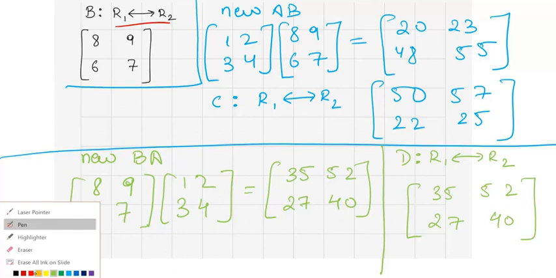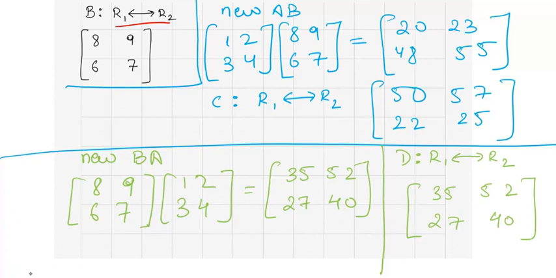Once again, it's clearly visible that when we apply a row transformation to a matrix, the equality is maintained if we apply the same row transformation to the product, only if the matrix is on the left of the multiplication sign. However, if the matrix is on the right of the multiplication sign, equality cannot be maintained by applying the same row transformation to the product.